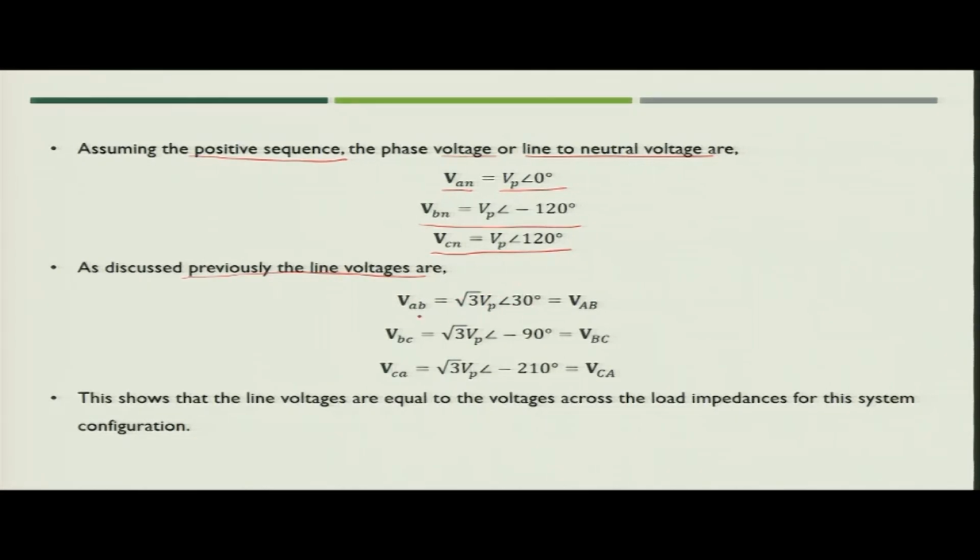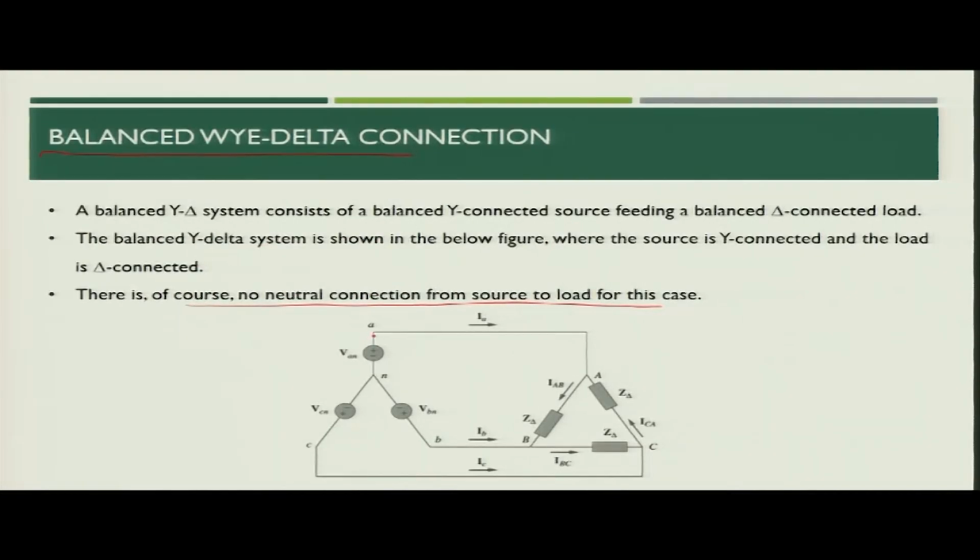Similarly, VBC will be root 3 VP angle minus 90 degree, and VCA will be root 3 VP angle minus 210 degree. Now, in this arrangement the line voltage of the source will be equal to the phase voltage of the load, because the line voltage VAB is coming across the phase AB of the delta.